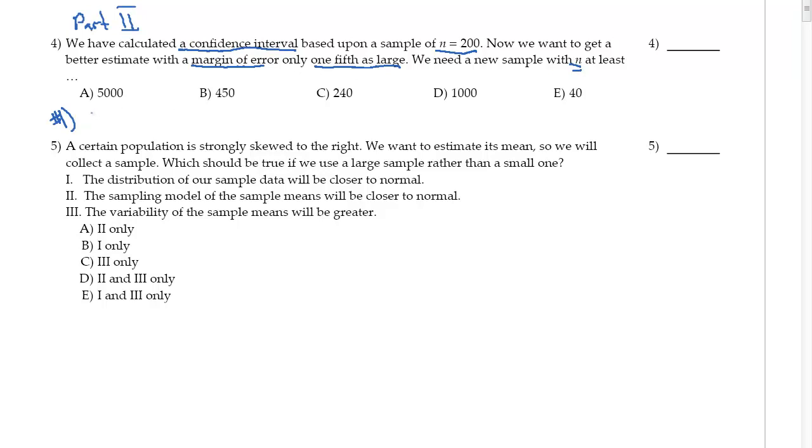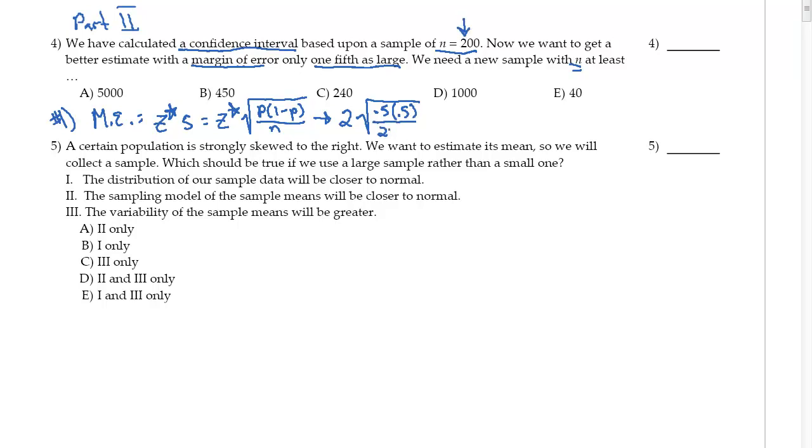If you look back at that, the margin of error is calculated by z star times the standard deviation, which means that you can use z star times the square root of p times 1 minus p, all over n. With our given, I chose a nice z-score of 2, and a nice p of 0.5, so both values are 0.5, all divided by the 200.